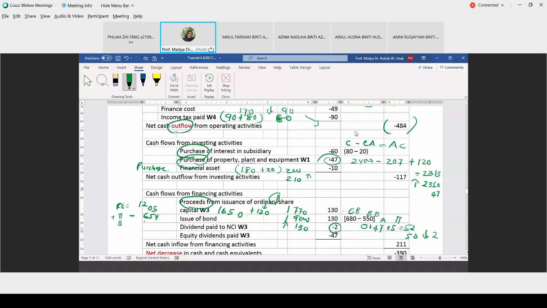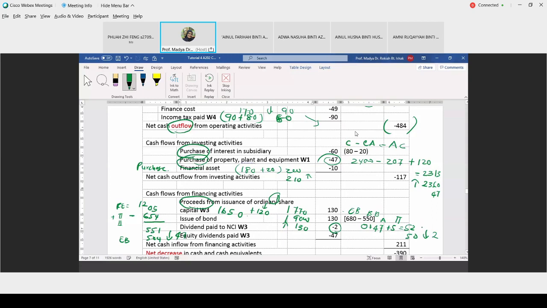So the amount here will be the difference, 551, compared with the ending balance. The ending balance for the RE here is 504. So 504 is a reduction by 47. Reducing by 47 is the amount of the dividend paid.